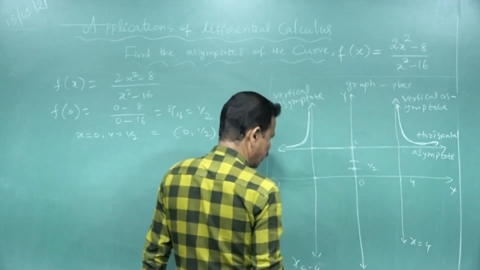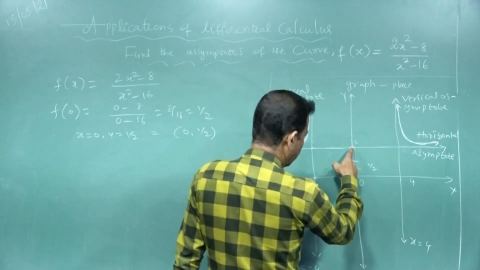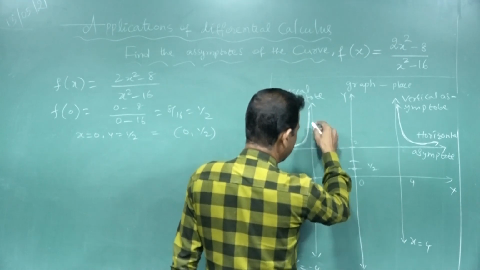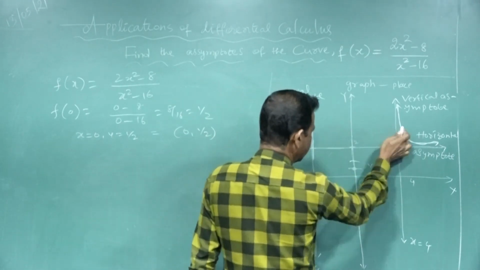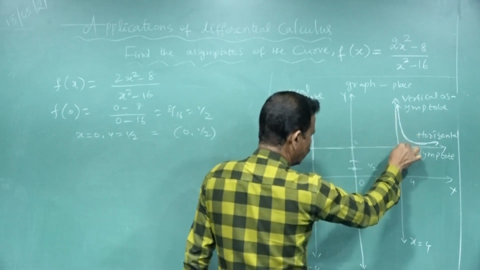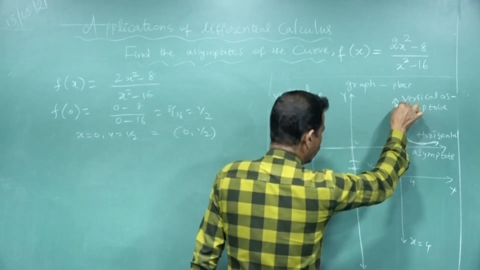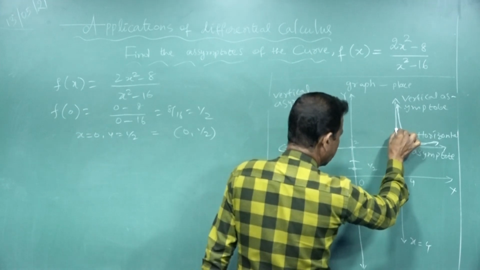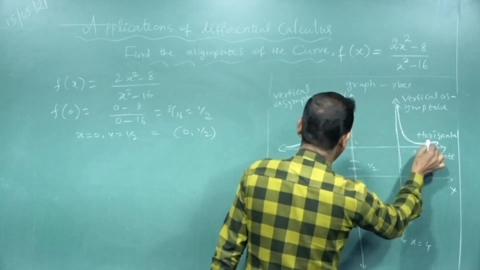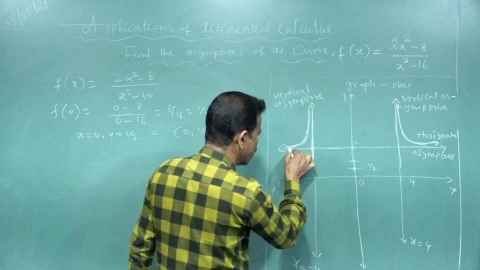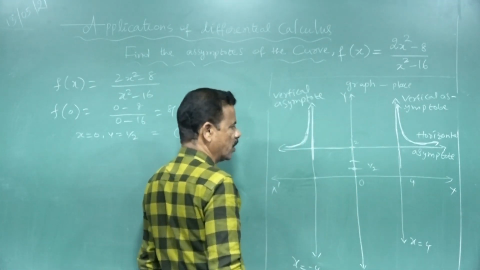After that, the remaining curve. These are the vertical asymptotes to this curve. These are two branches of the same curve. This is a vertical asymptote, and this is the horizontal asymptote. Here also a vertical asymptote, and this is also the horizontal asymptote.